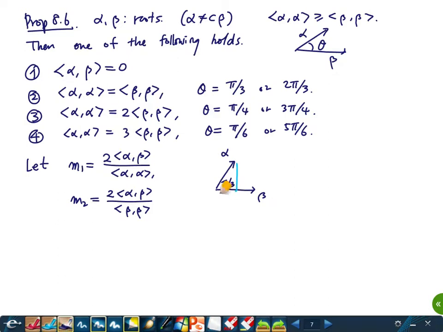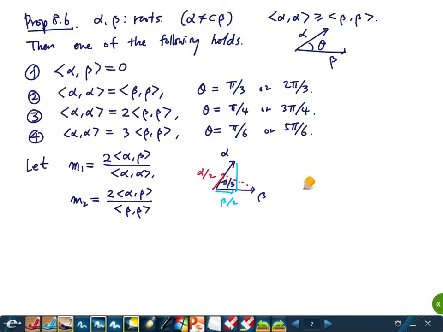This is like m1. This is beta over 2, and if you project like this, it is alpha over 2.